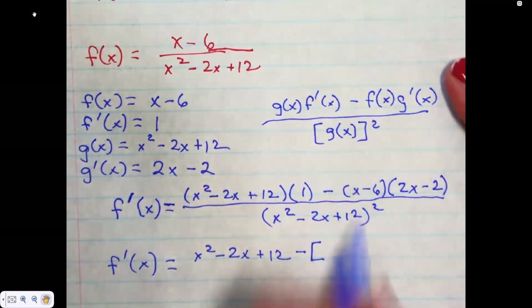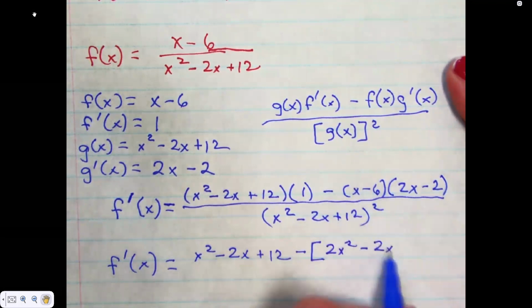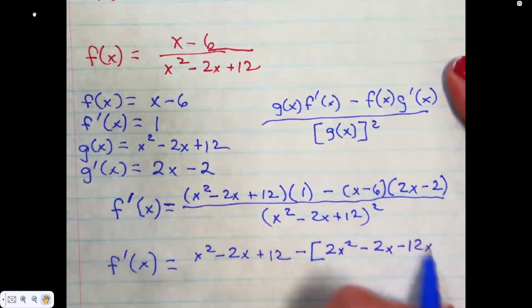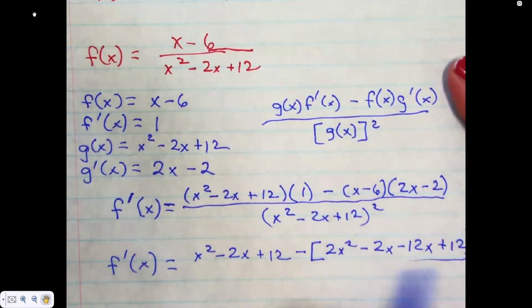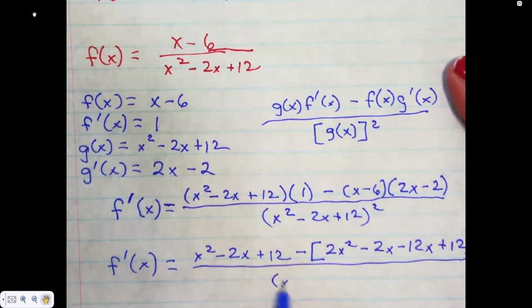So we'll FOIL: first 2x squared, outer negative 2x, inner negative 12x, and last plus 12. And if you don't want to write the denominator yet, that's okay.